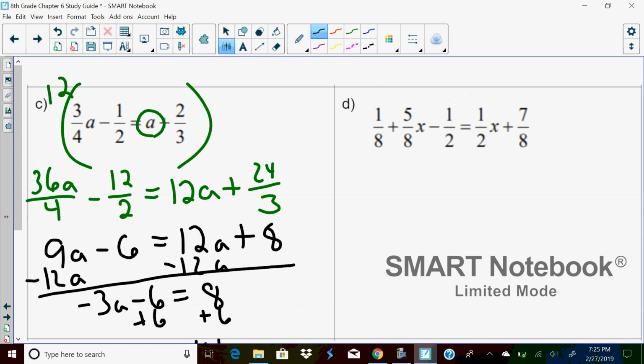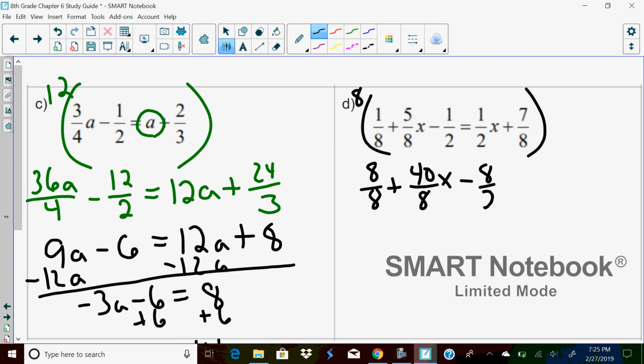For D, I'm going to multiply everything by 8. 8 over 8 plus 40 over 8x minus 8 over 2 equals 8 over 2x plus 56 over 8.